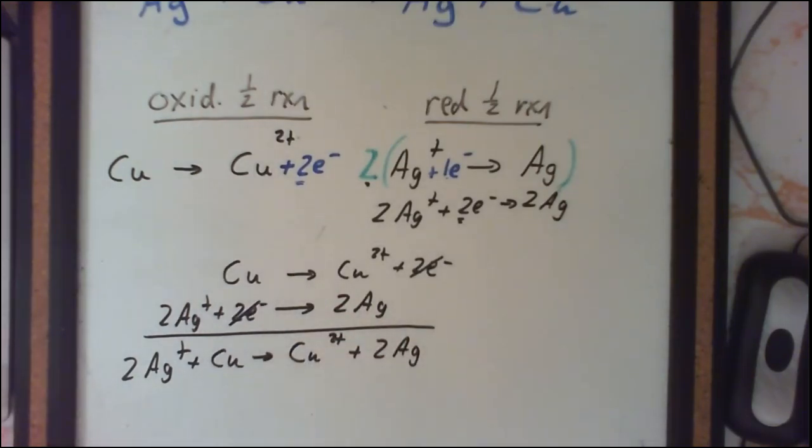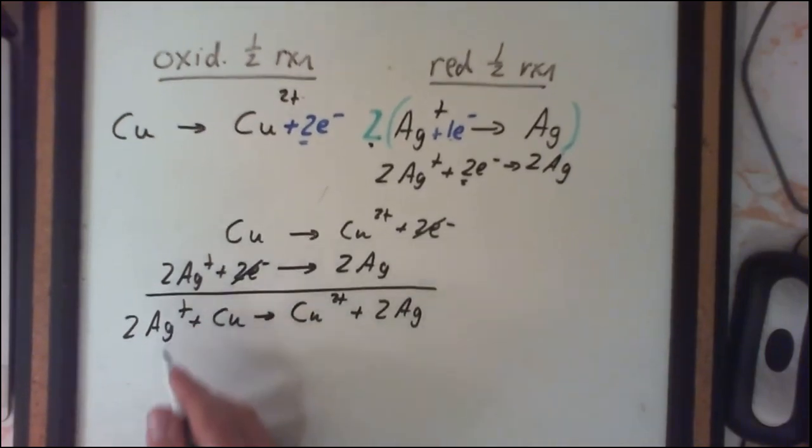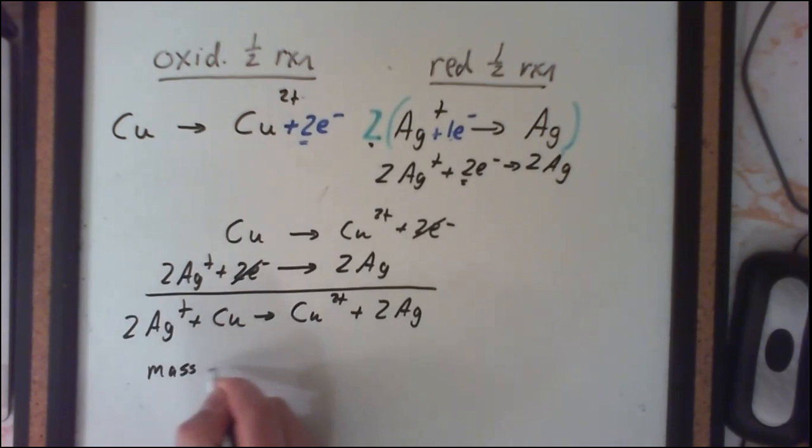And then finally, the very last step in this process, step 8, is to make sure that once we get this overall reaction, it's balanced both by mass and by charge. Once again, we have our 2 tables, mass and charge. This is a way of checking.